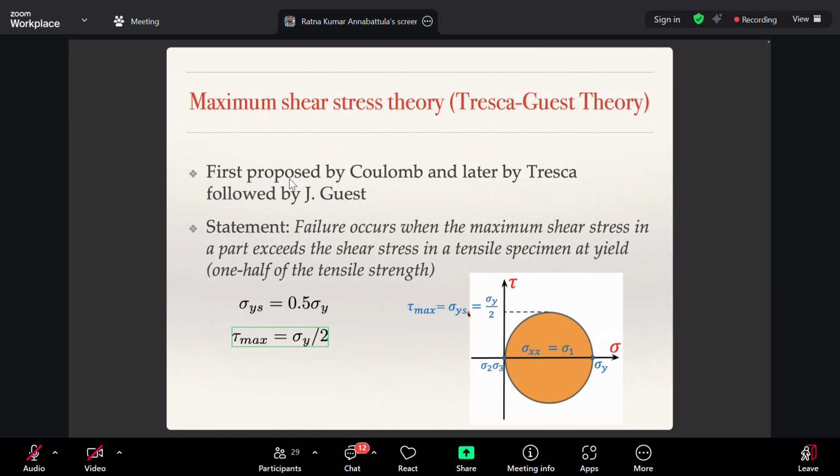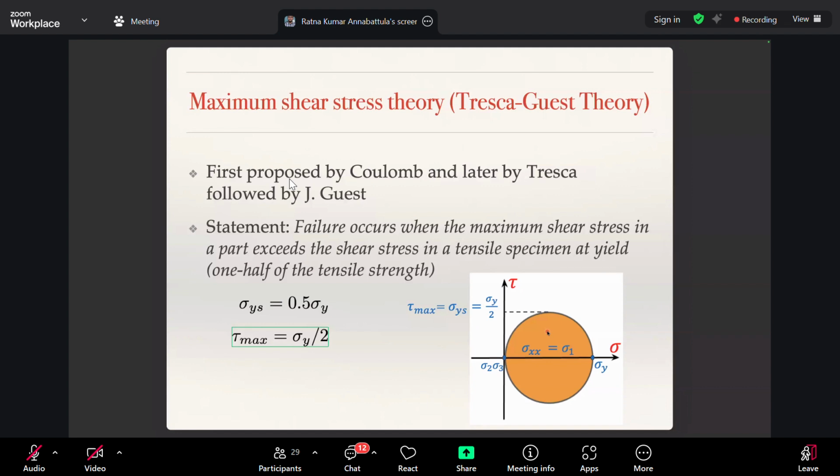That is the bounding value. Now if you draw the stress-strain diagram, and draw the Mohr circle for your state of stress, and let us say you have loaded up to here, then the Mohr circle will become something like that, and the maximum shear stress will be somewhere here, which is less than sigma y by 2, and hence it will not fail.